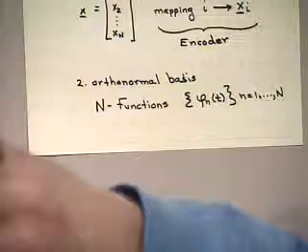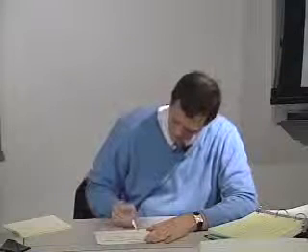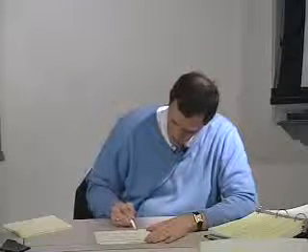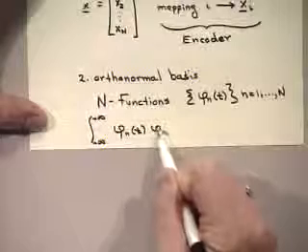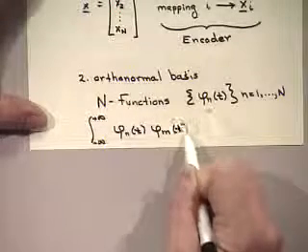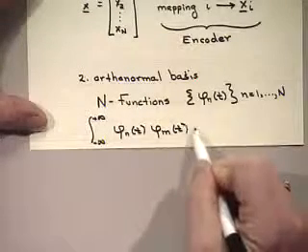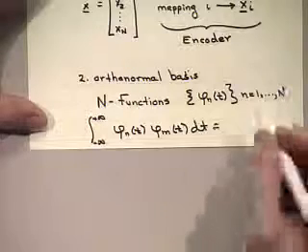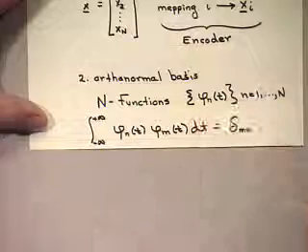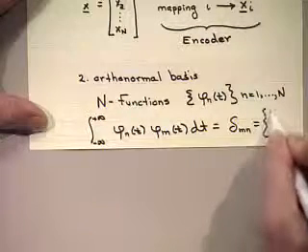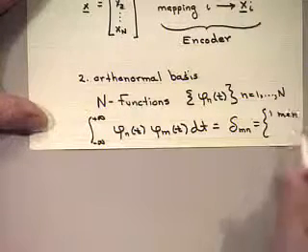And these functions, phi sub little n of t, have a nice property. And that is, if you integrate any two of them, phi n of t and phi m of t, dt, over all time, you get a non-zero value only when m is equal to n, and that non-zero value is 1.